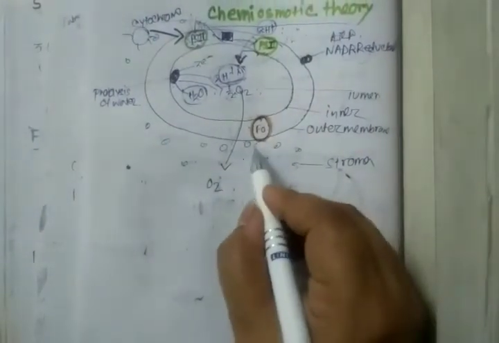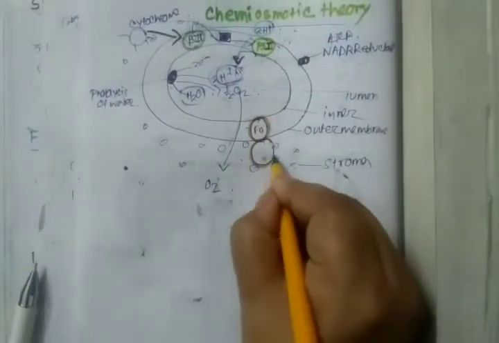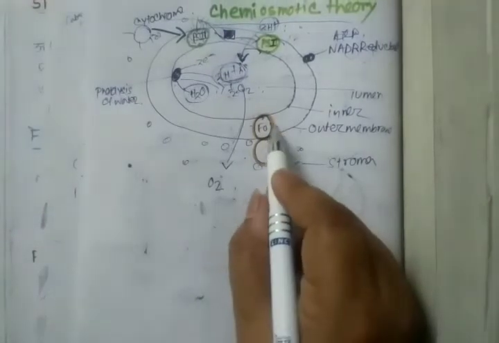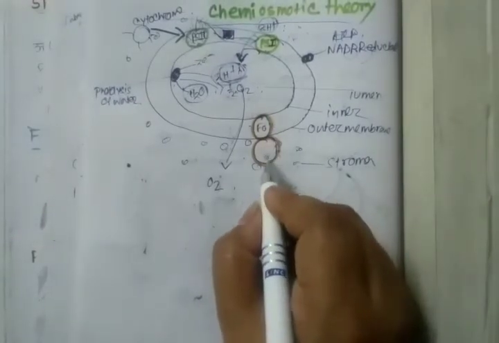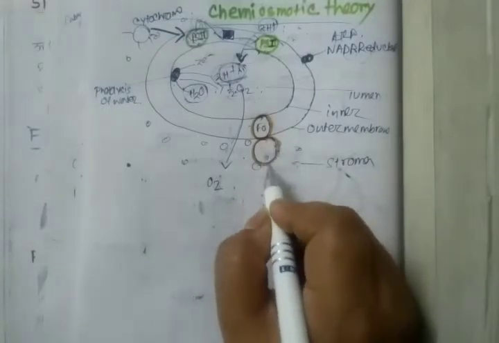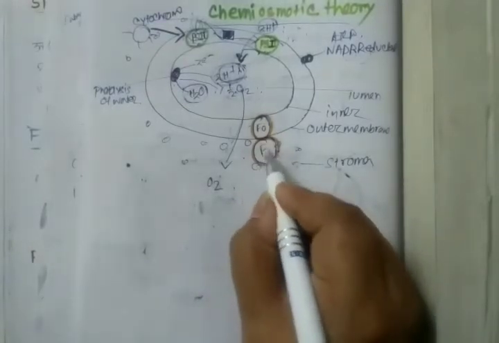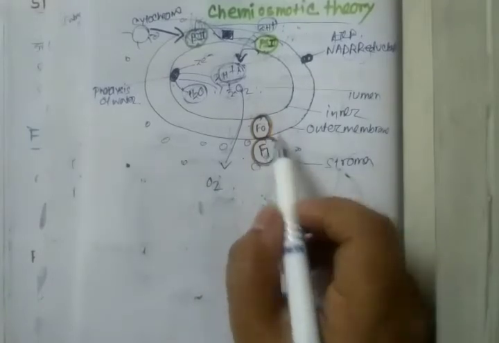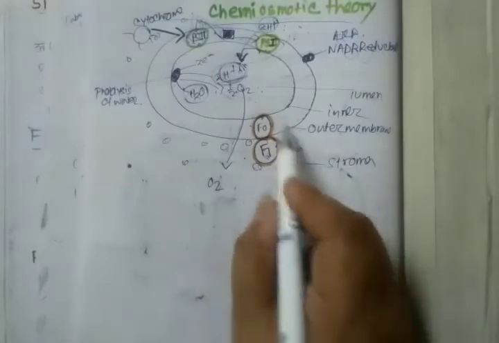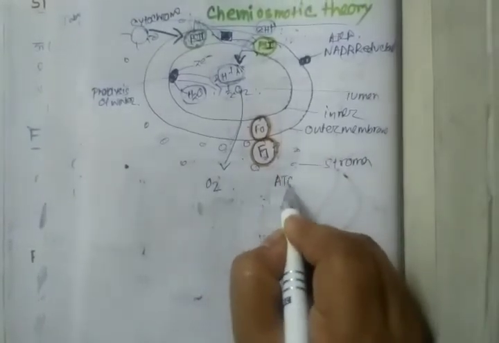And there is another type of protein which is extrinsic protein. This is intrinsic protein, this is extrinsic protein, which is protruding out from the membrane, and it is known as F1 particle. So this is the F0 F1 particle. Both together are called ATP synthase.